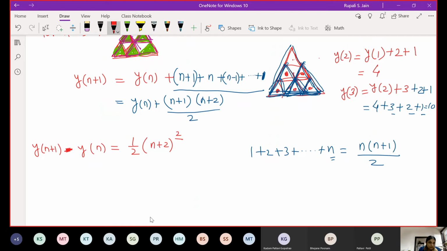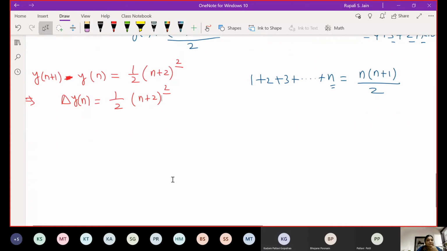Are you getting this? So I can write this as delta y at n is nothing but 1 by 2 n plus 2 to the 2 falling. Now this is in our familiar notation.